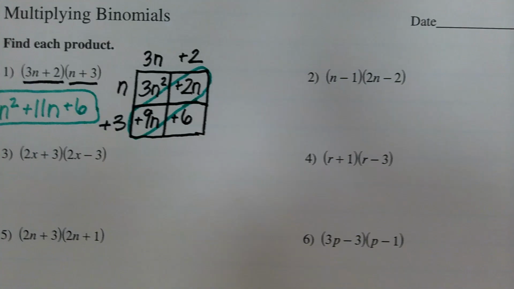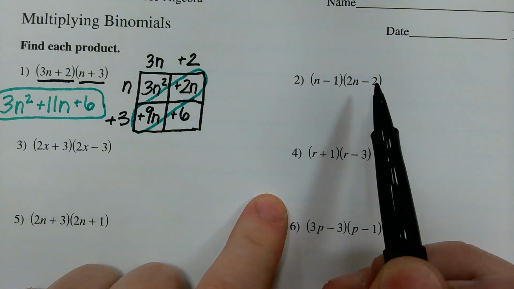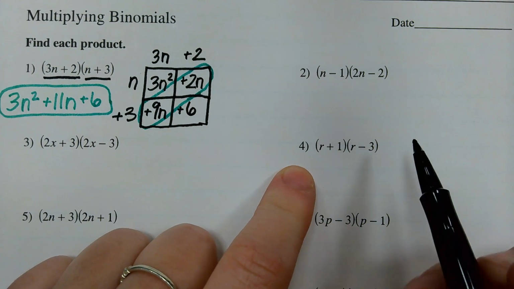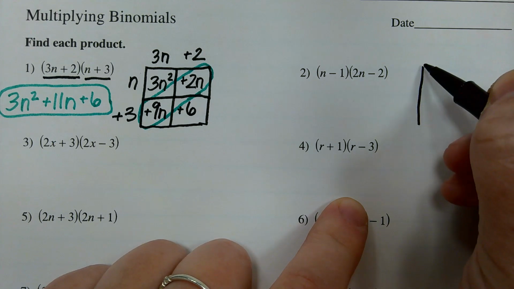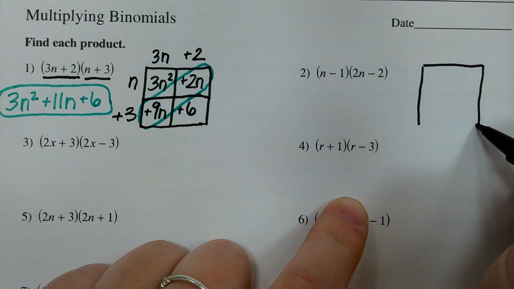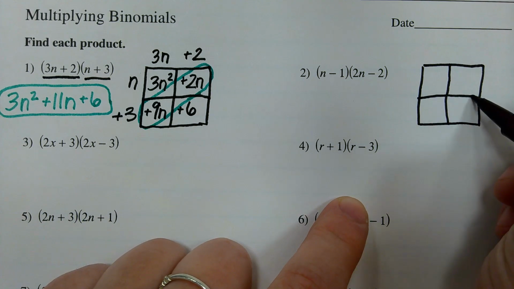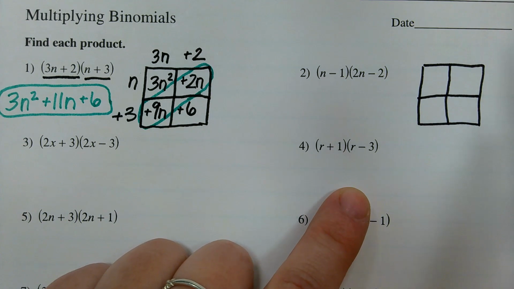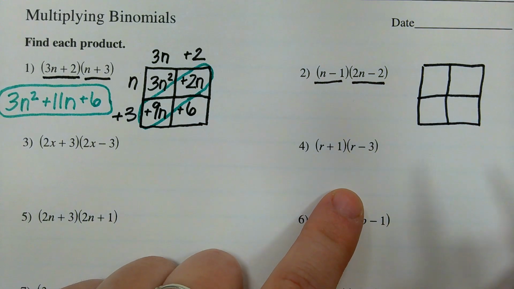All right, let's go ahead and try number 2 now. Number 2 is across, not down. That's how they set this worksheet up. So we'll start by making a box. And then splitting it in half up and down, splitting it in half side to side. Here's my 2 binomials.